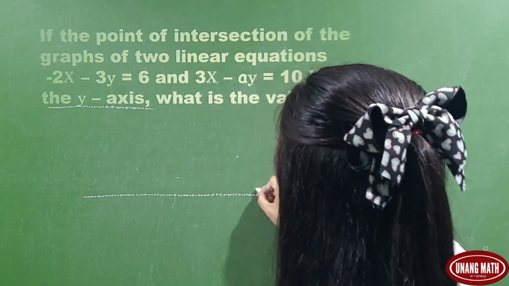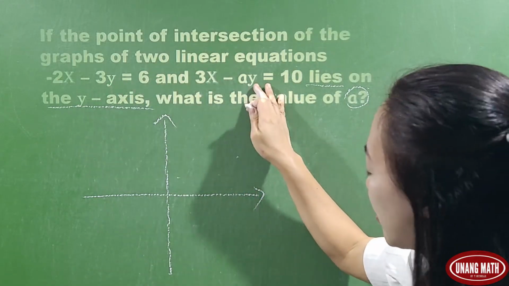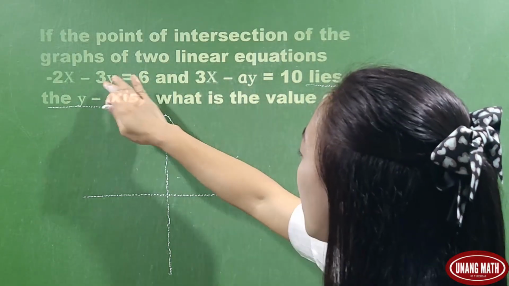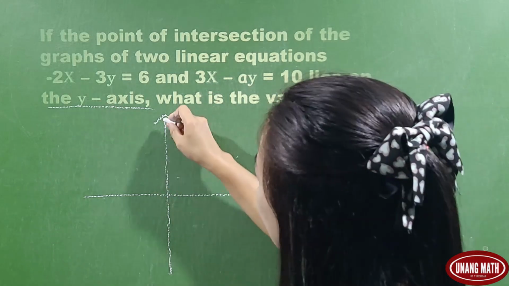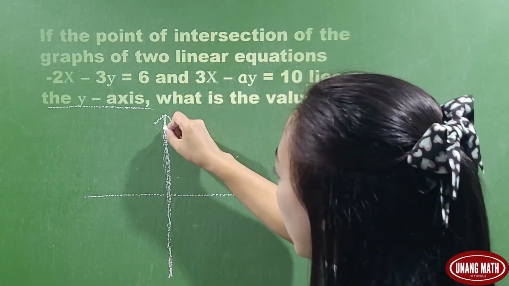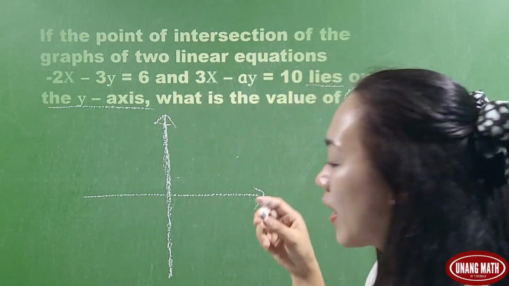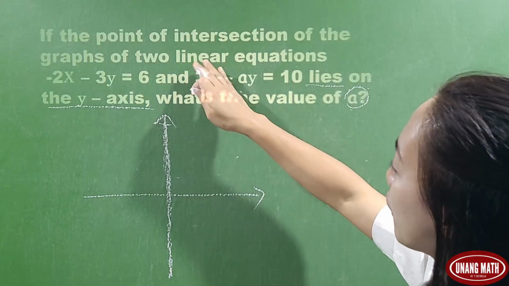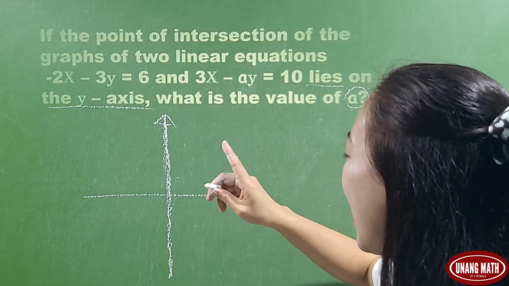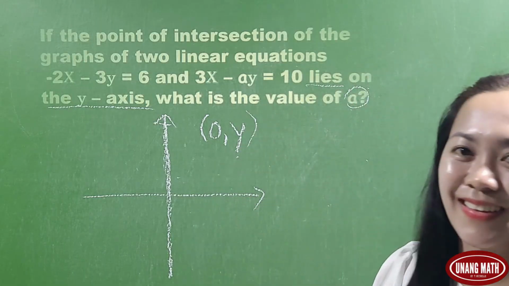We don't know yet what point on this y-axis. But we can conclude that if the point of intersection of these two equations lies on the y-axis, then the coordinates are (0, y).